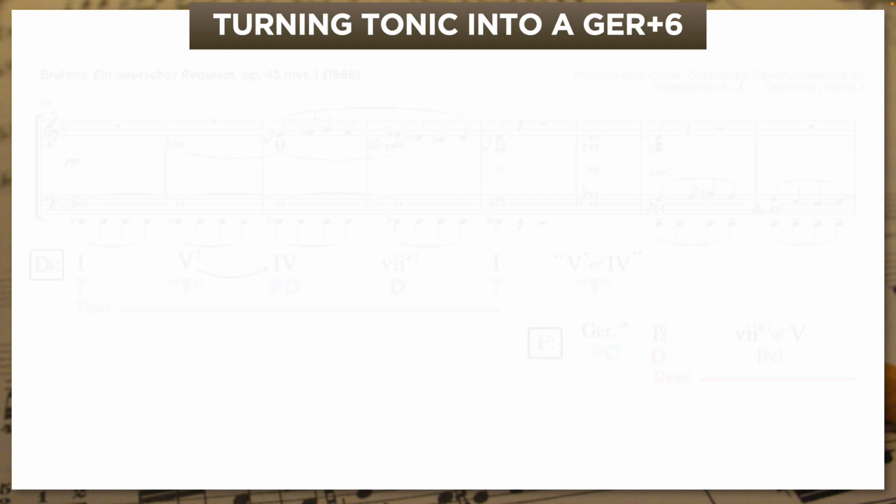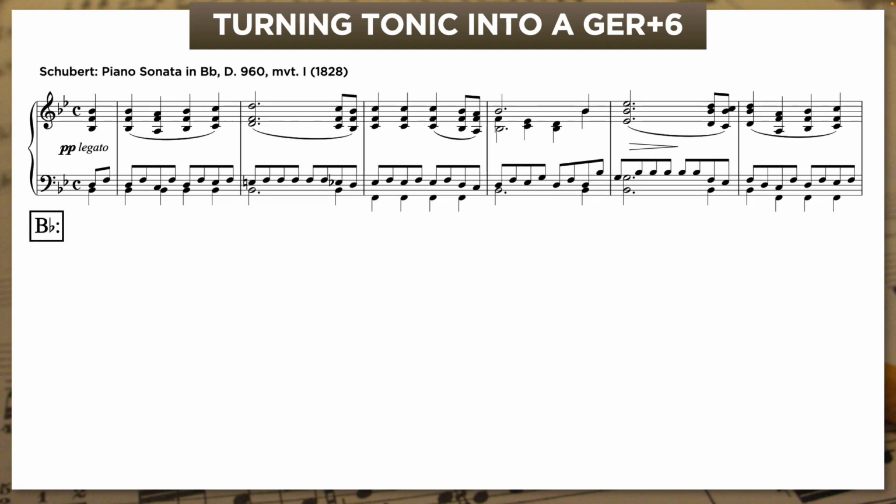Here's another example, also from a very well-known piece, and once again we have a composer modulating back to tonic after a trip to flat sixth land. It's from Schubert's great B-flat major piano sonata, and it happens right near the beginning of the piece. The sonata opens with an idyllic pastoral theme in B-flat major, the tonic.